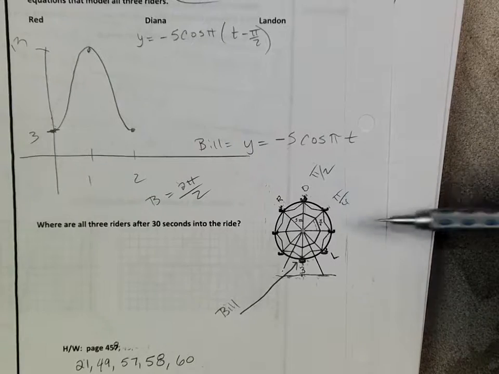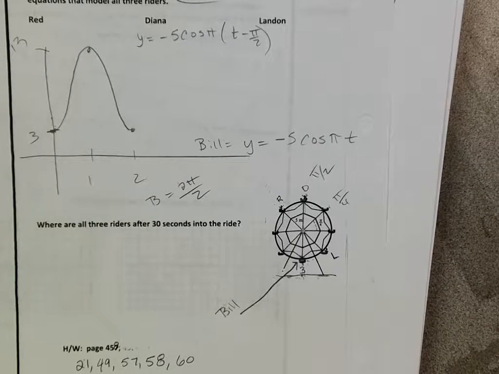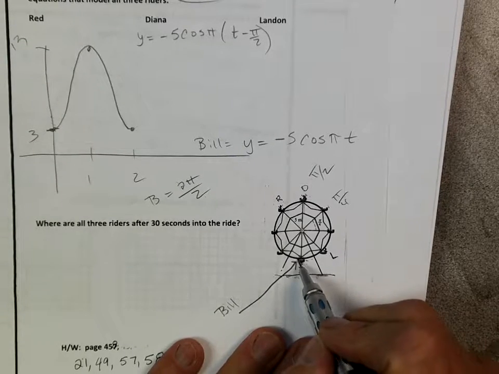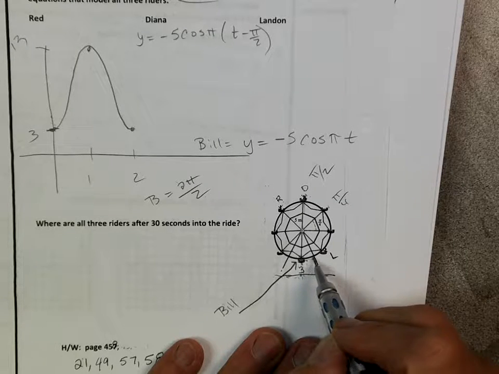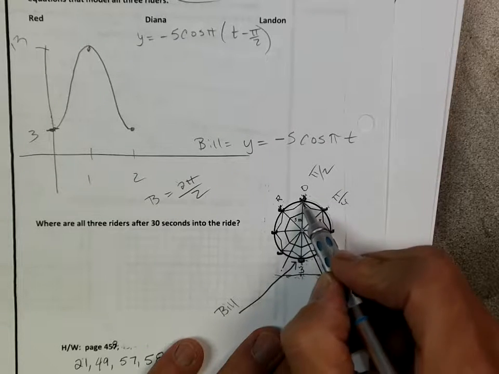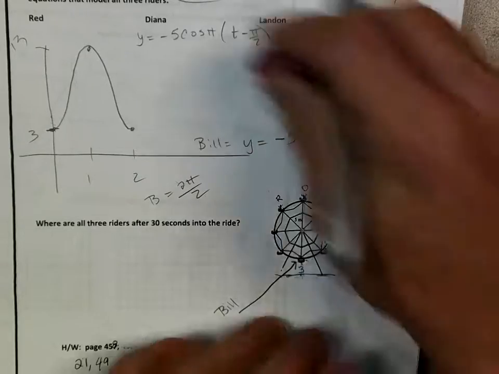She's going to get on the ride pi halves later. But as far as time, what's that time? It's not really pi halves. It is, you ready? She gets on 1 minute later. How do I know that? It's halfway. It's halfway. So let's make it 1.